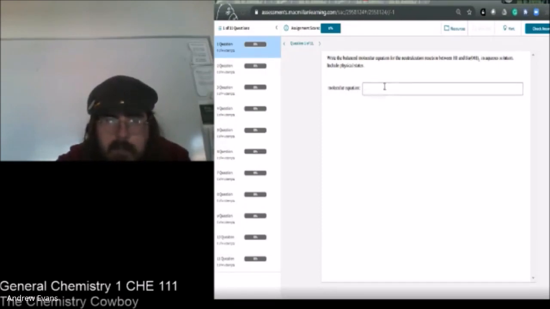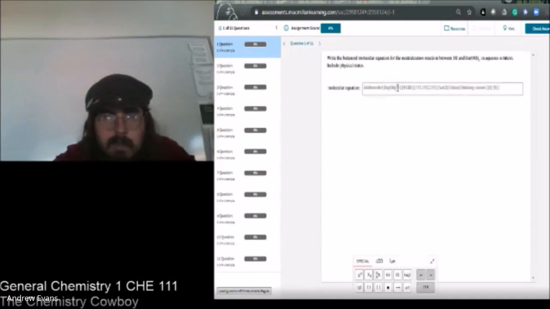So write the balanced molecular equation for the neutralization of HI and barium hydroxide. So hydroiodic acid and barium hydroxide in aqueous solution, and it says include physical state.